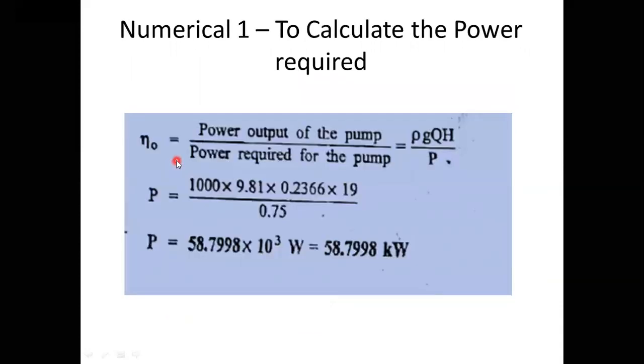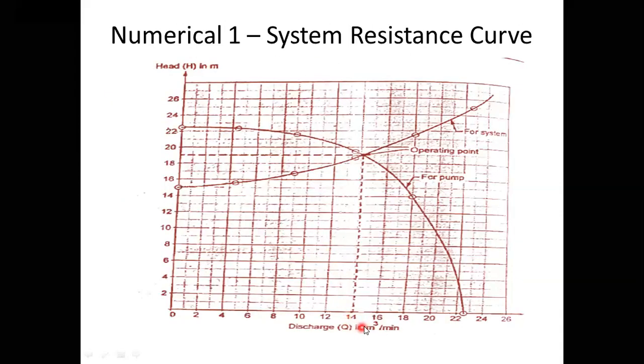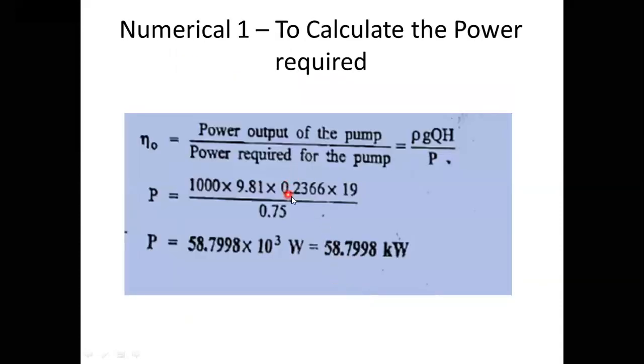So Q is 0.023. Actually, this Q is given as 14 meter cube per minute, but in the actual calculation we have to take this Q in terms of meter cube per second.